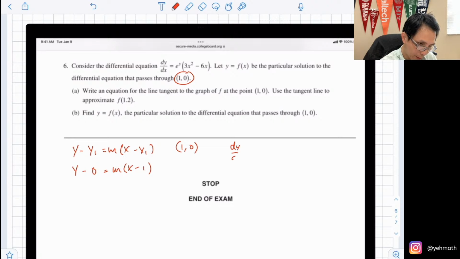dy/dx, when x equals 1 and y equals 0, is gonna give you e to the 0 times 3 times 1 squared minus 6. So that's 1 times 3 minus 6, which is equal to negative 3, right? Am I doing my math correctly?